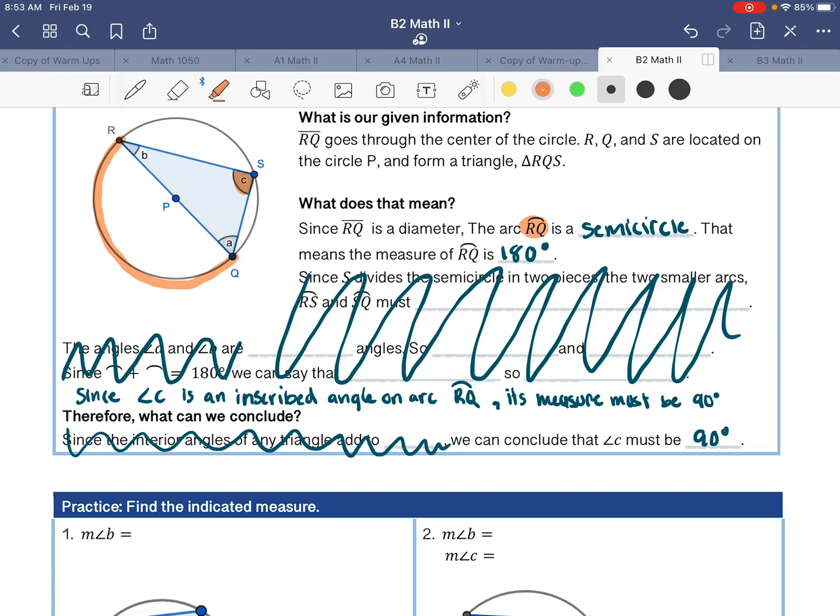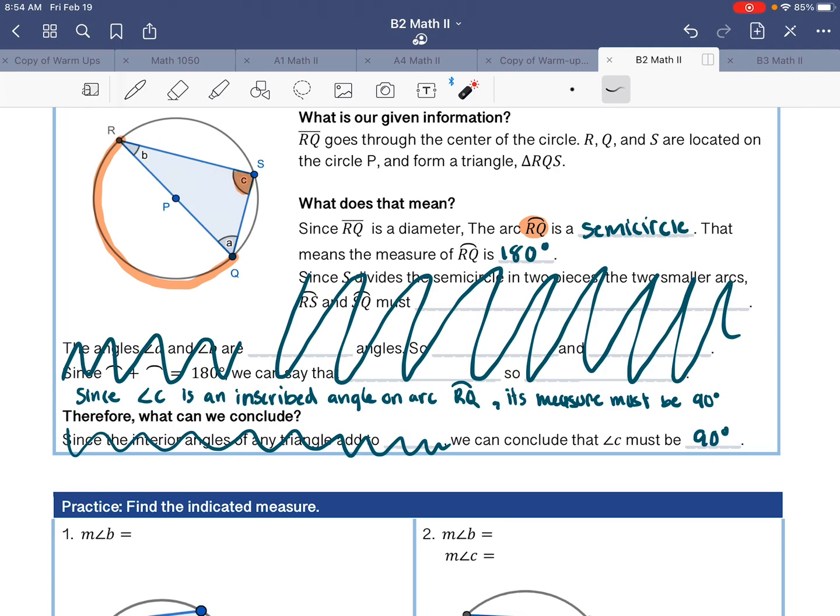So to summarize what we just decided: since RQ is a diameter, RQ goes through the center of the circle. Since RQ is through the center of the circle, then the arc RQ has to be 180 degrees. And because this angle is an inscribed angle on that arc, it has to be half of the measure of this arc, which makes this 90 degrees.